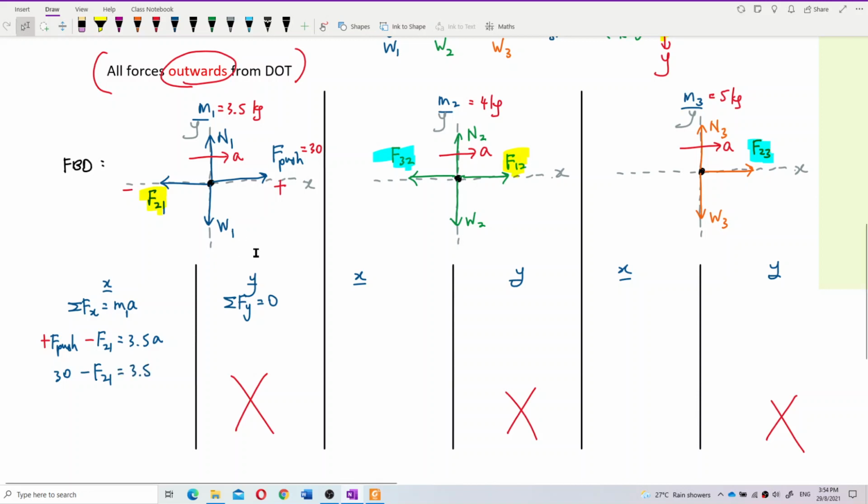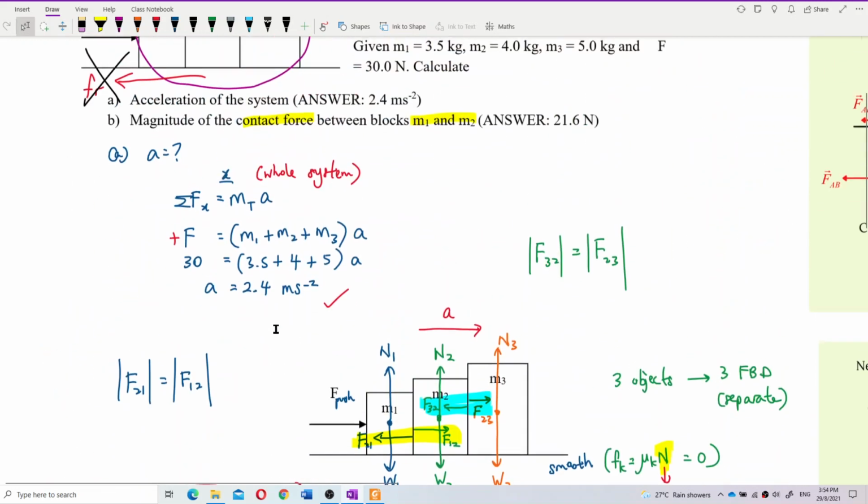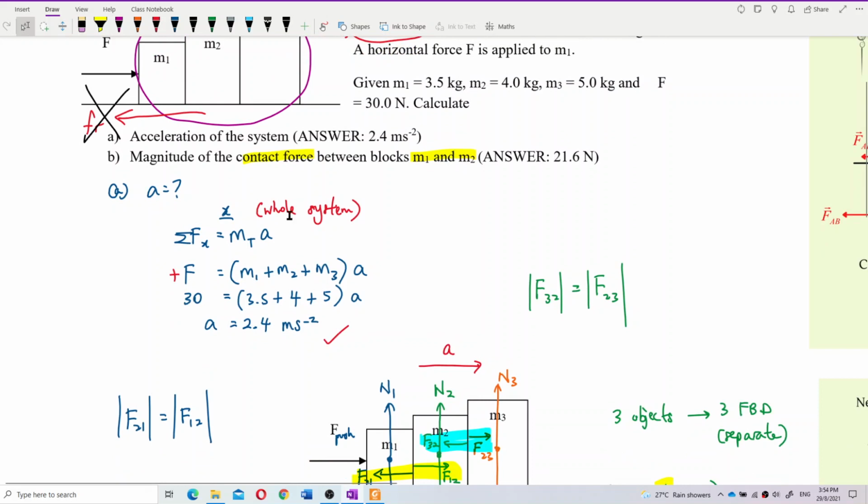Actually, the acceleration we already got in the previous video, 2.4. Please check out the previous video.